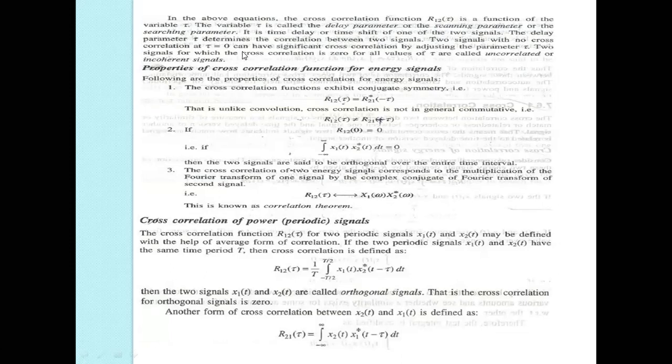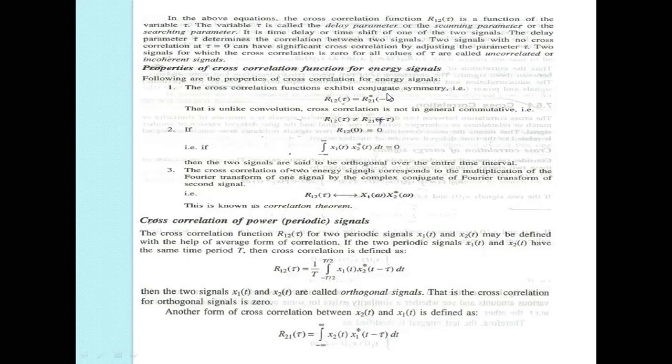Two signals with no cross correlation at tau equal to 0 can have significant cross correlation by adjusting the parameter tau. Two signals for which the cross correlation is 0 for all the values of tau are called uncorrelated or incoherent signals.